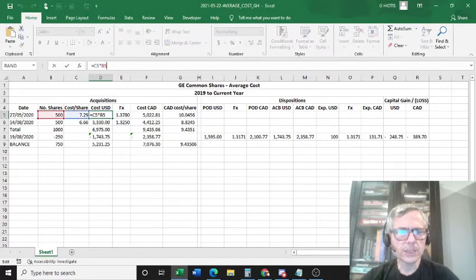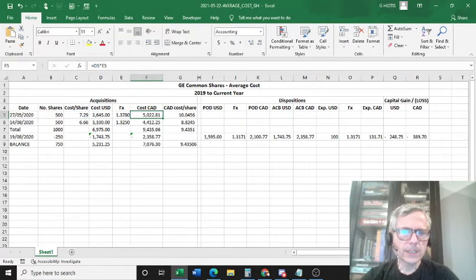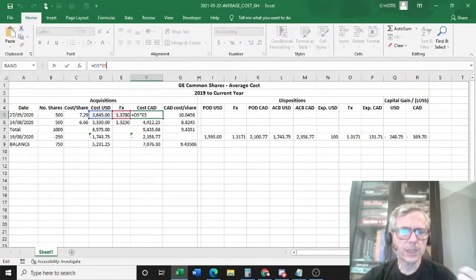This is the number of shares times the price in US dollars. Then the Canadian cost is the US total cost multiplied by the exchange rate at the time of purchase, the 27th of May 2020.